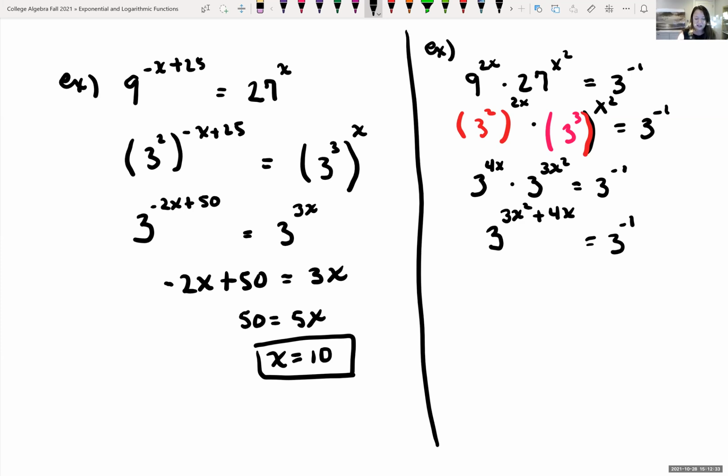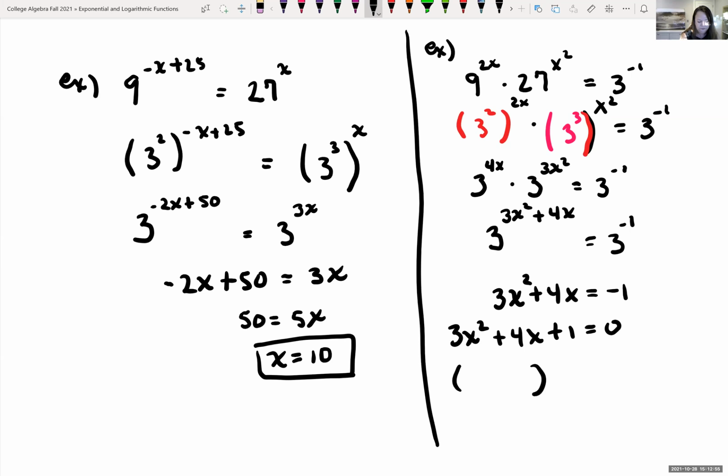So now that the bases are the same, we can set our exponents equal to each other. So we have 3x squared plus 4x equals negative 1. This is a quadratic, so we want to get everything to one side. So we have 3x squared plus 4x plus 1 equals 0. We want to factor it. Let's see.